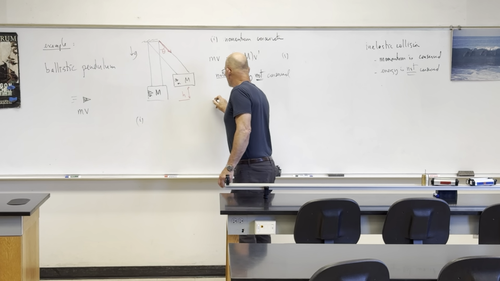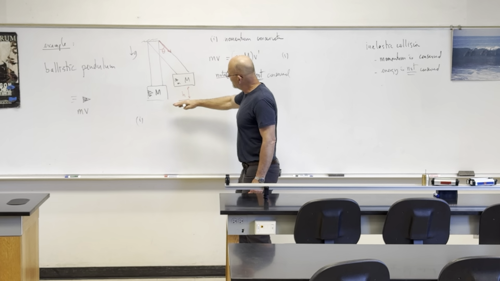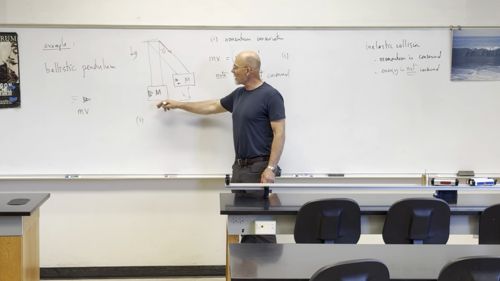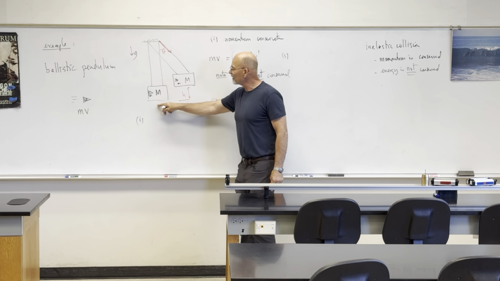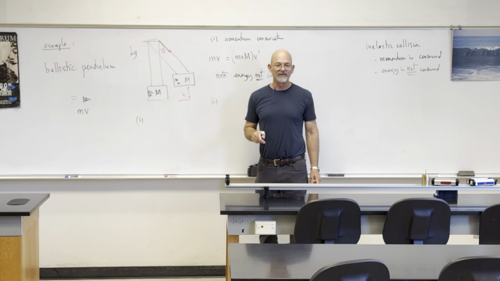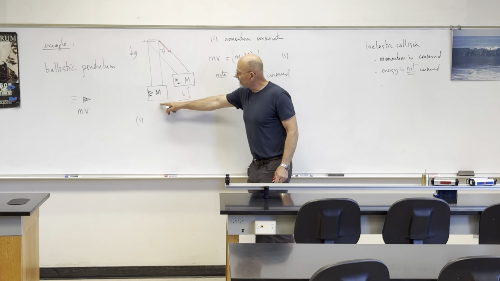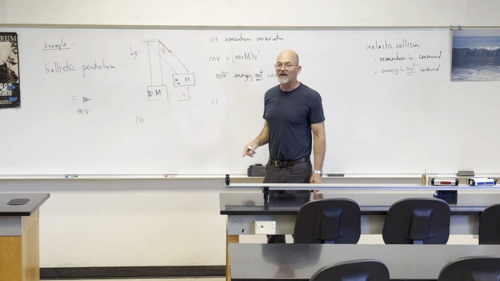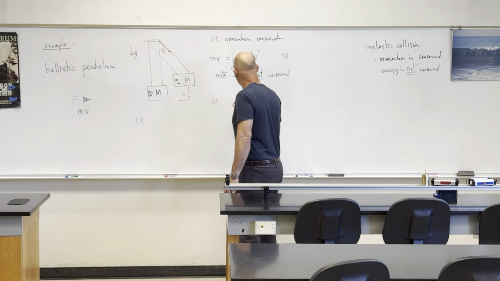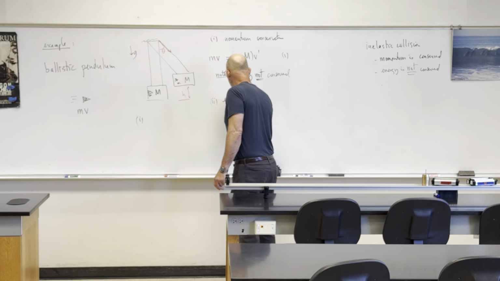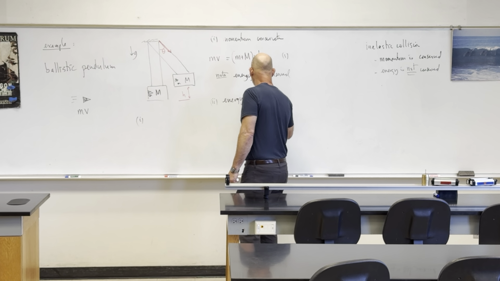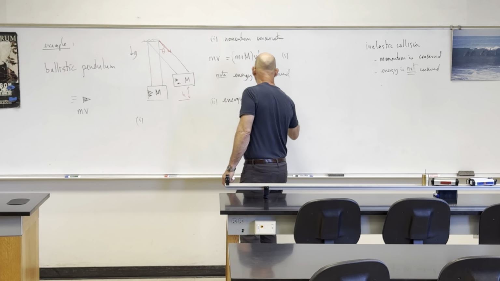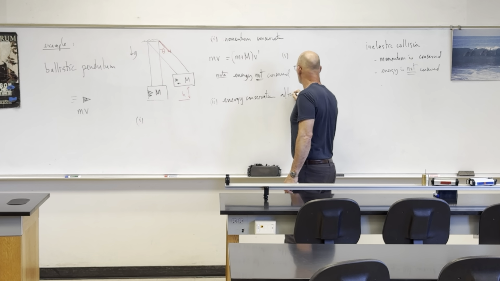But after this collision, after the block and the bullet are now joined, and after they're moving, then we can claim energy conservation. So we have energy conservation for the process when it swings up. That's why you have to separate these two. So I'll write energy conservation after.